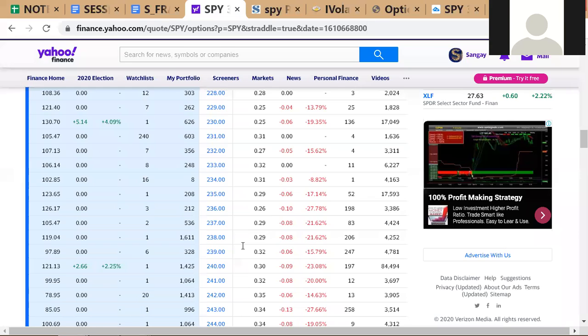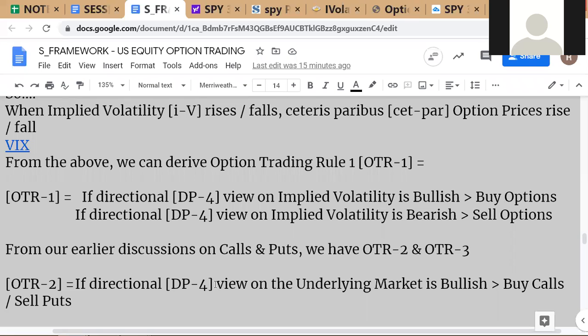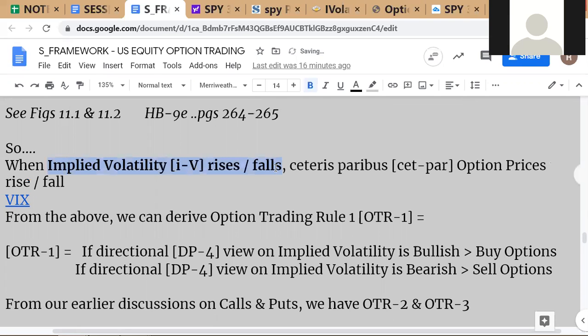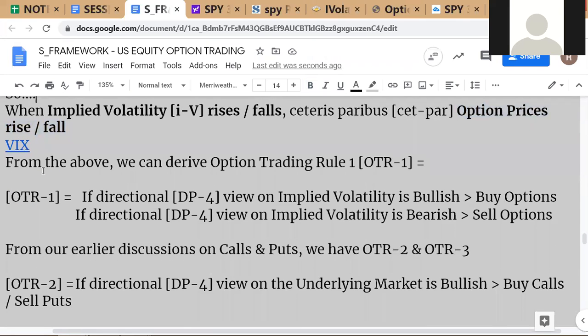So coming back to the framework that we are discussing, that we have derived, because we said that when eyeball rises or falls, we can put this in bold: when eyeball rises or falls, option prices will rise or fall. So if I remember what is my decision problem that I'm discussing, this one, DP4.